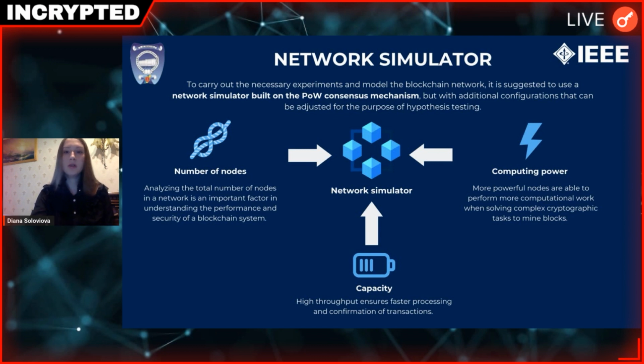More powerful nodes are able to perform more difficult work, such as solving complex cryptographic tasks to mine blocks. And the high computing power of the network makes 51% attacks more difficult, so it makes the system more secure. And of course, we have to consider the capacity of the system.